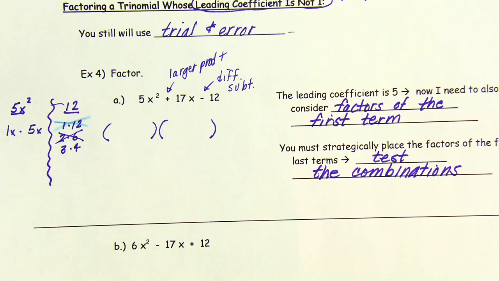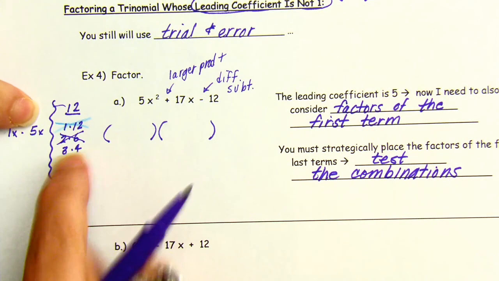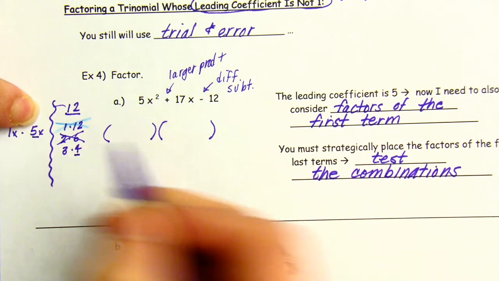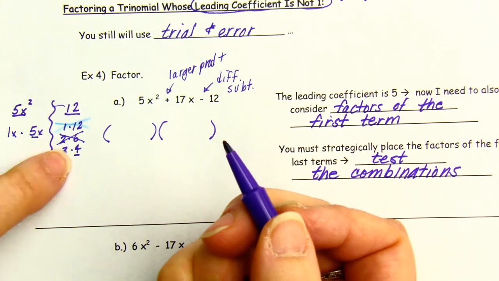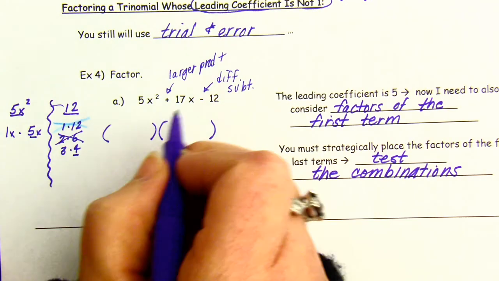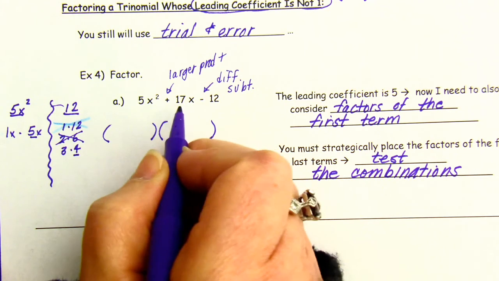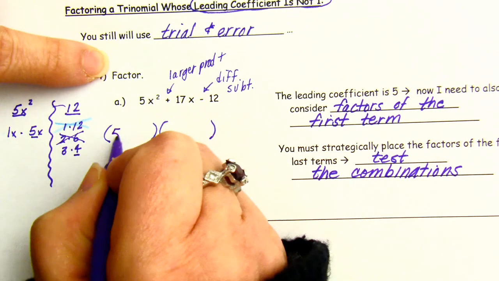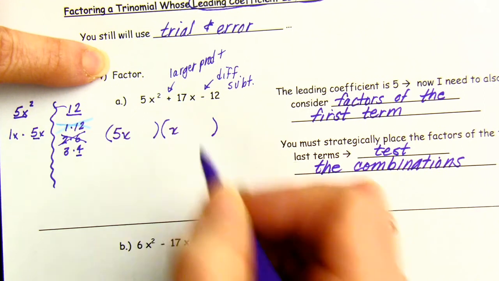I'm hoping that the last pair works. Okay, remember again, I'm subtracting. Well, look here, if I do 5 times 4, I get 20. 3 times 1 is 3. And 20 subtract 3 is 17. So there's my pairs. I'm going to do a 5x here and a 1x here.